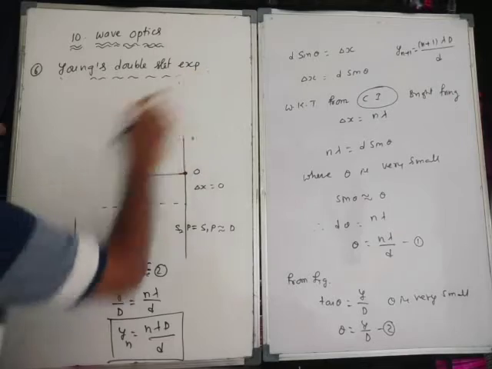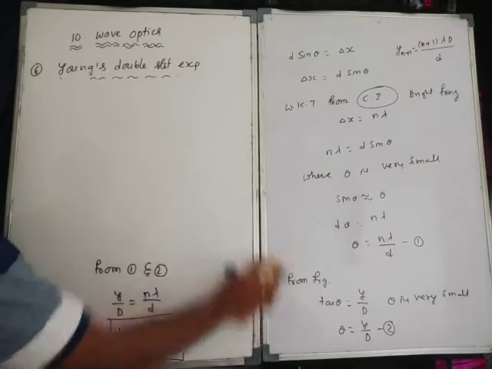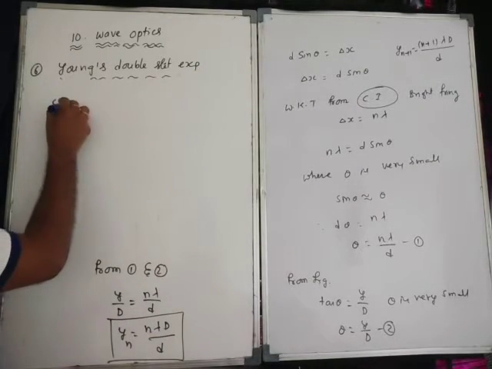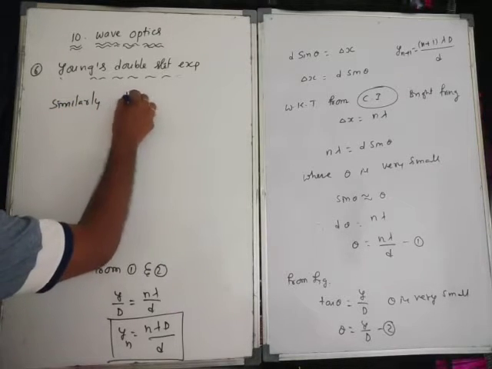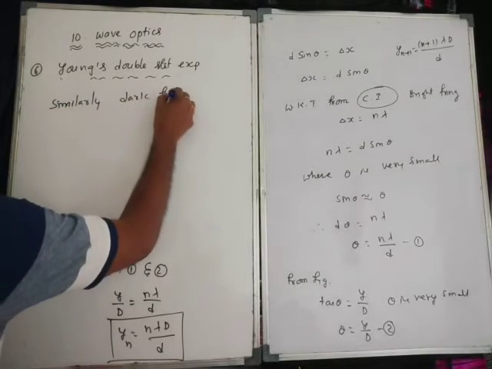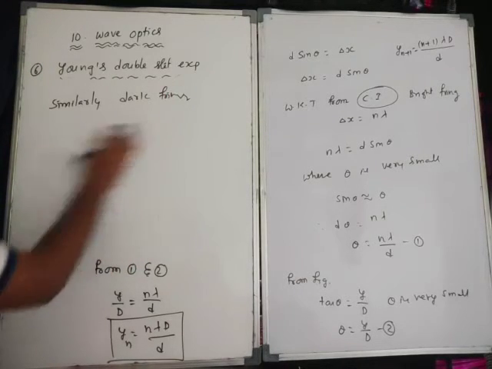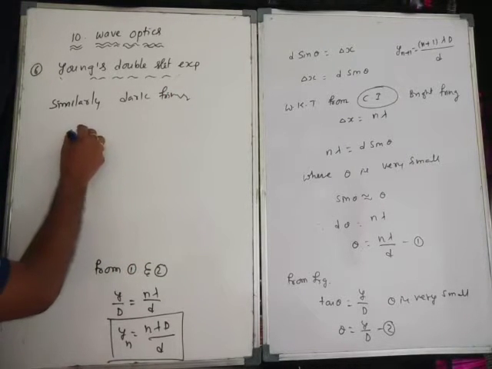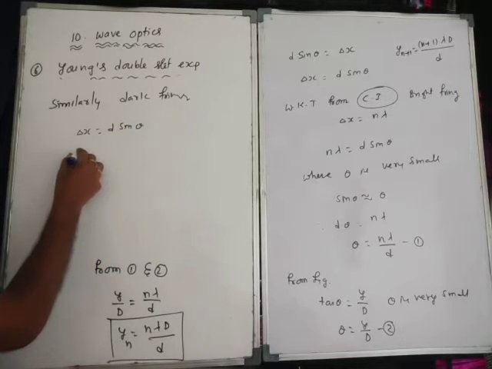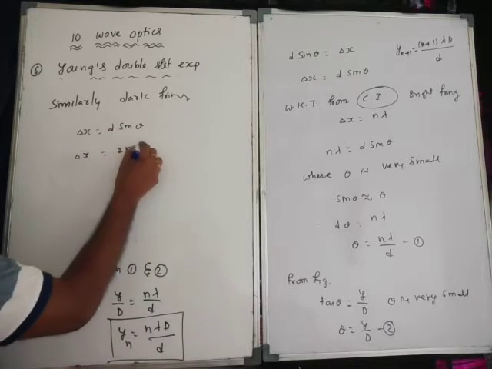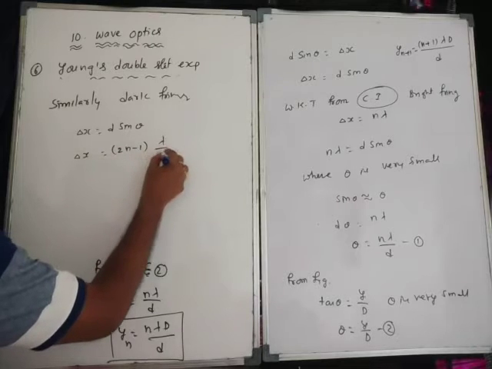Similarly, for the dark fringe, what is that? Delta x is equal to d sin theta, and delta x is equal to (2n minus 1) lambda by 2.